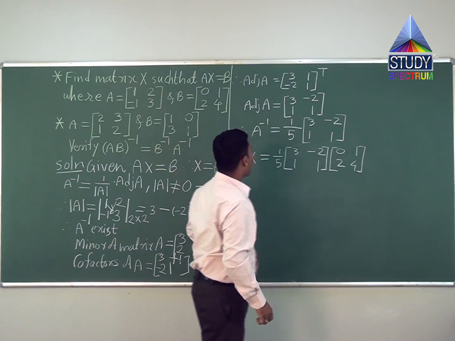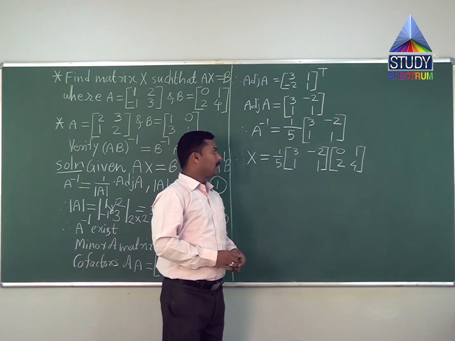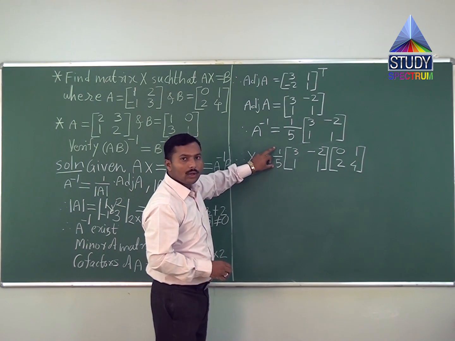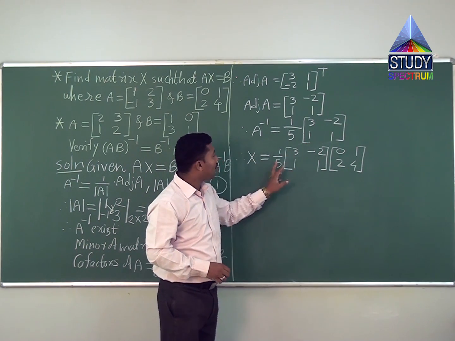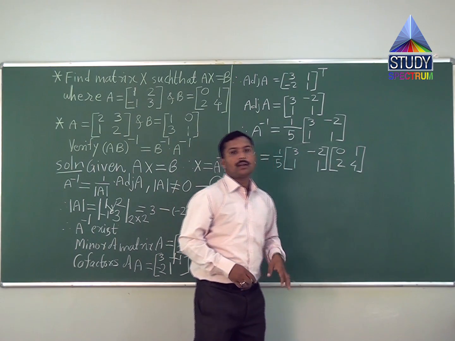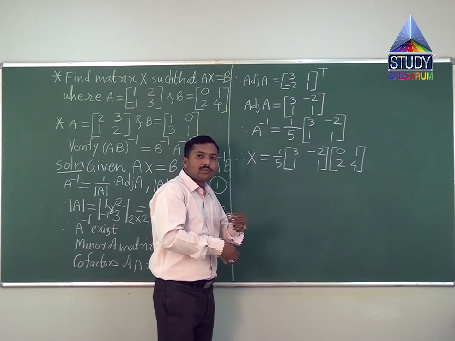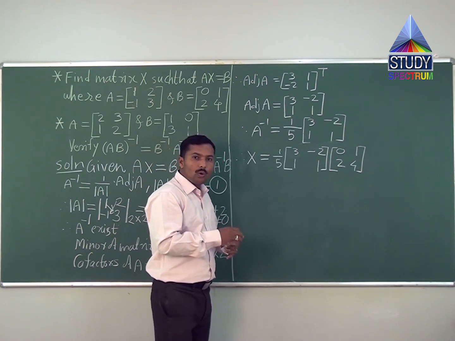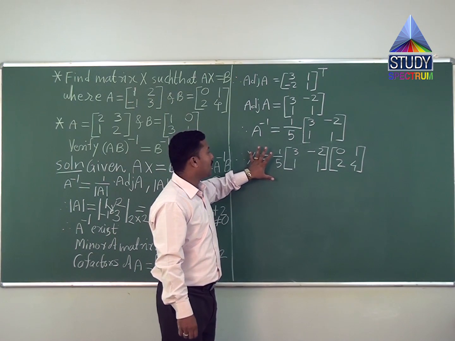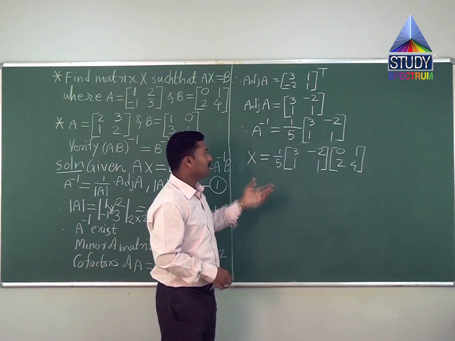So what is the multiplication of two matrices? Sometimes some students multiply this matrix by this number and then take the multiplication with this matrix. This is also correct, but complications will arise, so to avoid complications, keep this number as it is, and multiply this number lastly.